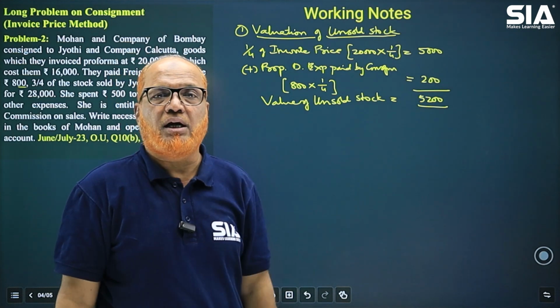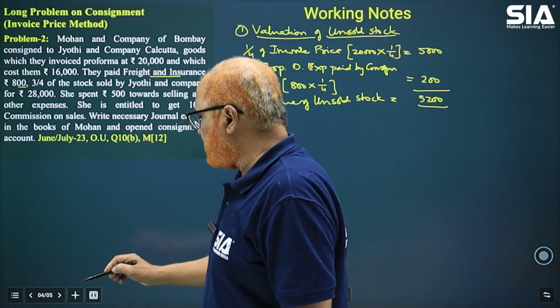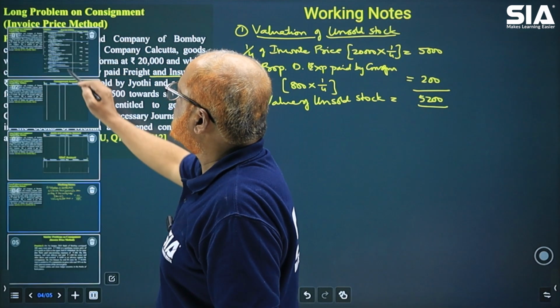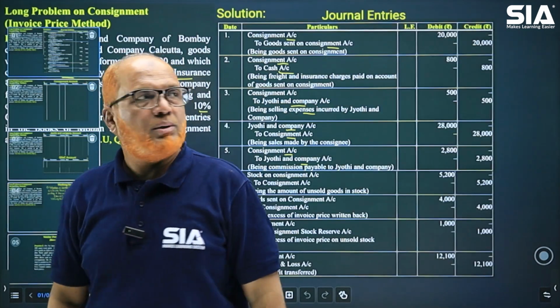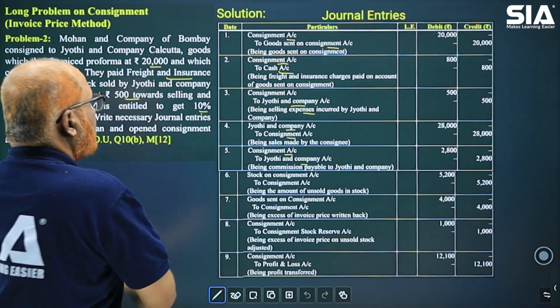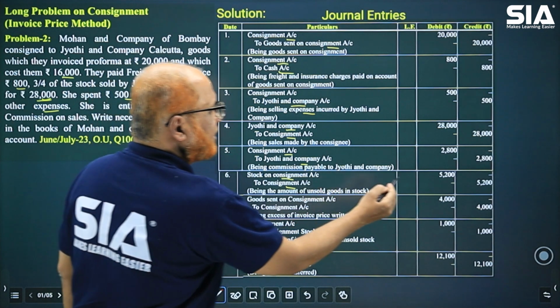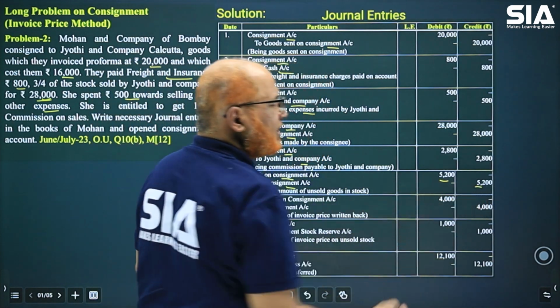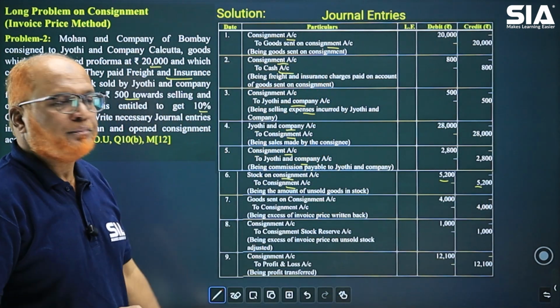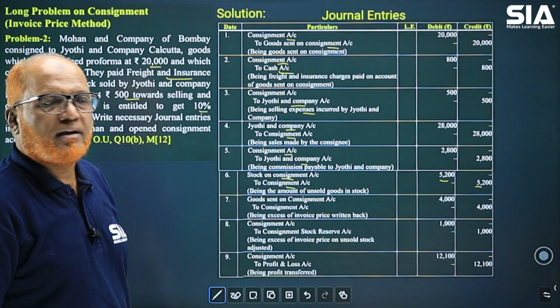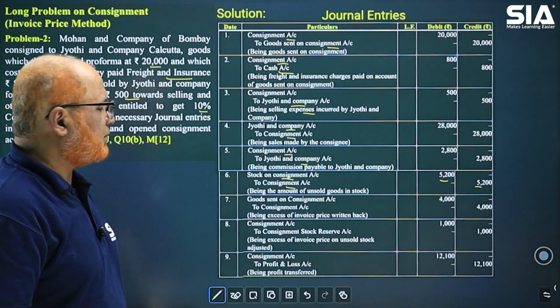Now, coming back to the problem: stock on consignment account debit to consignment account 5,200, which we have just calculated in the working notes.